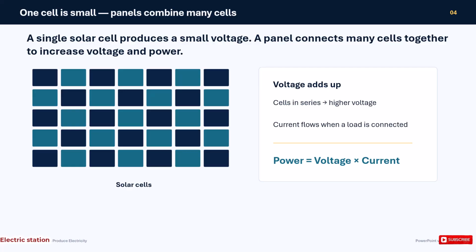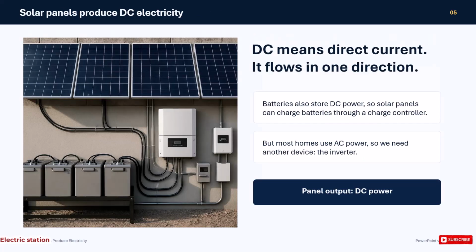But there is one important problem: the electricity coming directly from the panel is not normally the same type of electricity your home uses. Solar panels naturally produce DC electricity, or direct current. Direct current means that electricity flows mainly in one direction.